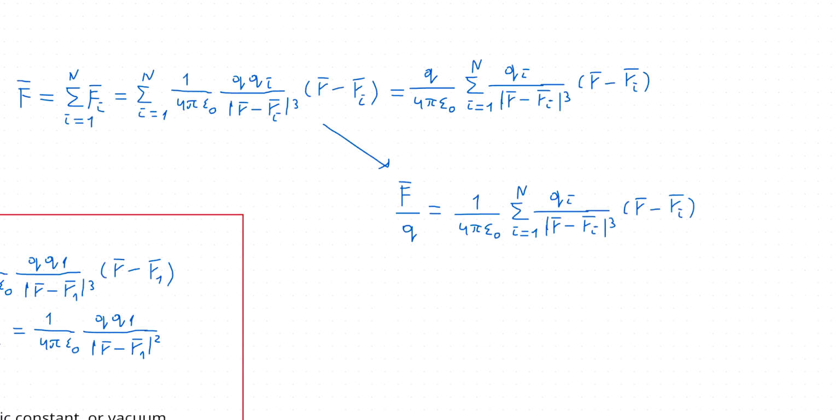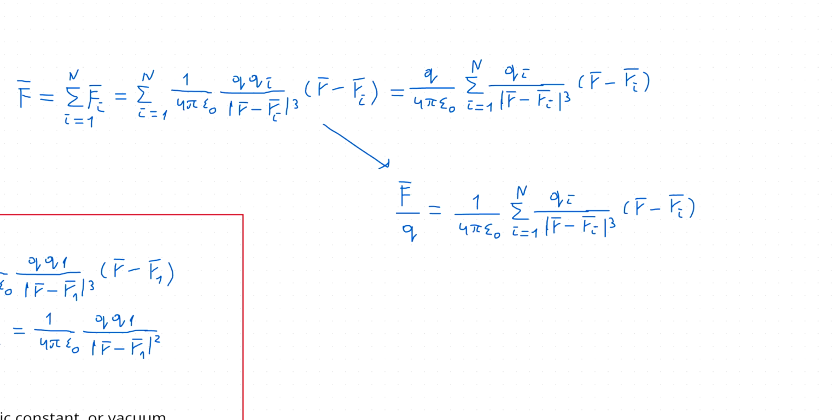And as you can see, this right side of the equation doesn't contain charge Q. And it means that this right side doesn't depend on charge Q. And if the right side doesn't depend on charge Q, the left side doesn't depend on charge Q either.